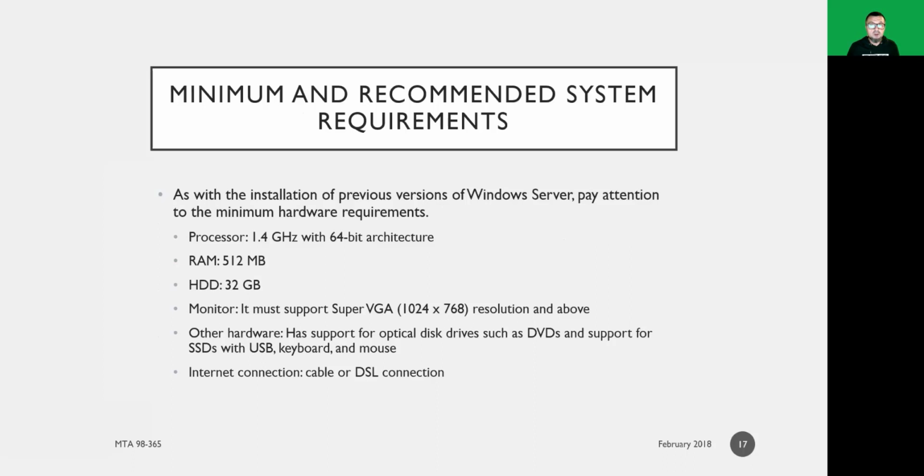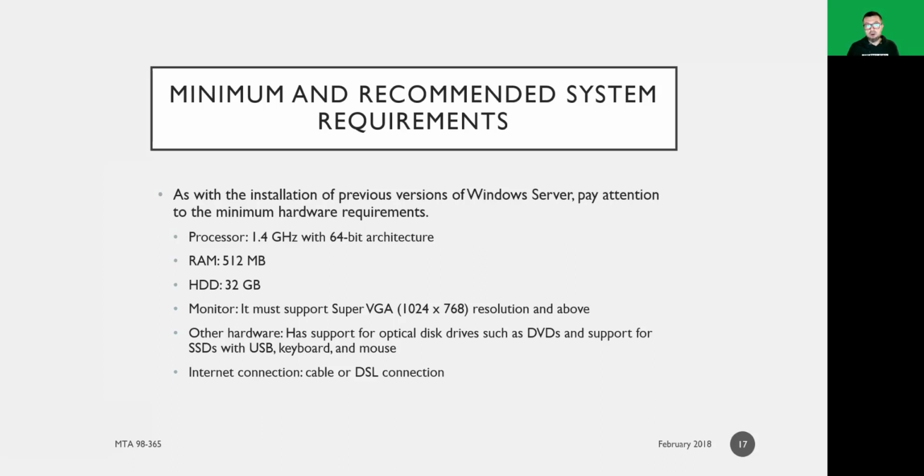In terms of the minimum and recommended system requirements, the minimum is the requirement that comes from the vendor, in this case Microsoft. To install Windows Server 2019 on a PC, a host, or a server, we need a processor with 1.4 gigahertz and 64-bit architecture, 512 megabytes of RAM, and from 20 to 32 gigabytes of storage space.